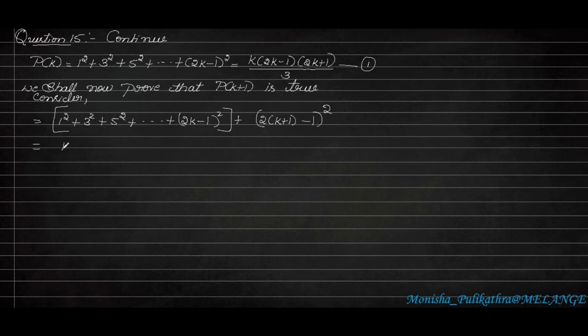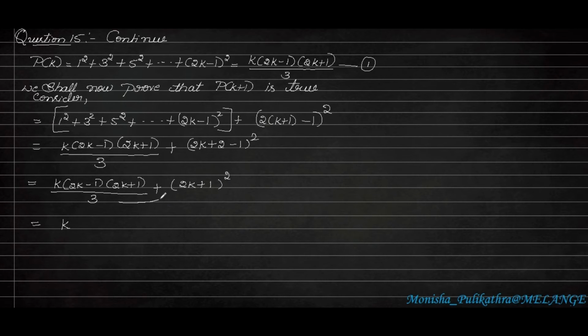So according to equation 1 the whole series will be equal to this equation. So the whole series will become k into 2k minus 1, 2k plus 1 whole divided by 3 plus 2 into k plus 1, so 2k plus 2 into 1, 2 minus 1 whole square. So here we have to write as it is, 2k minus 1 into 2k plus 1 whole divided by 3 plus this will become 2k plus 2 minus 1 is 1. So 2k plus 1 whole square.